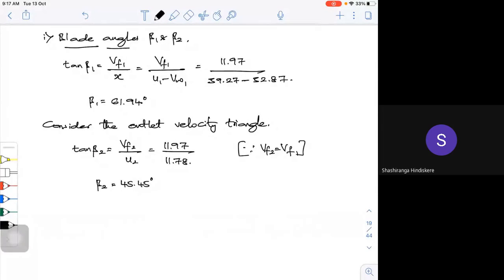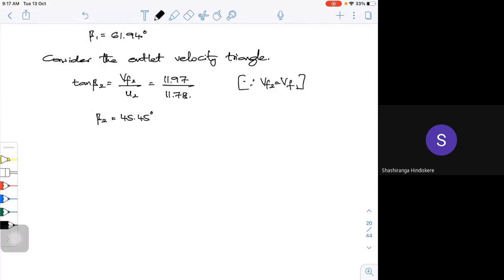So once you got these blade angles, what is the second thing I am supposed to find? Specific work. Okay. So what is the formula for the specific work? Actually, it is W by mass flow rate, and we have made an assumption that M is 1 kg per second. So what is the formula?